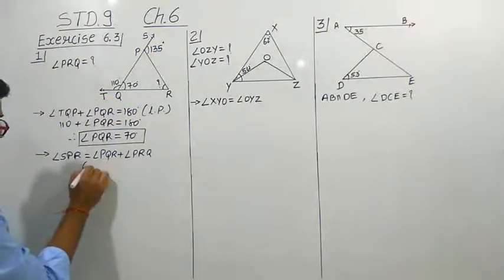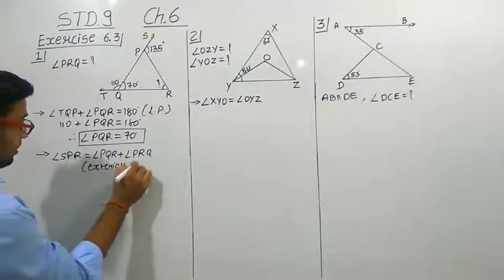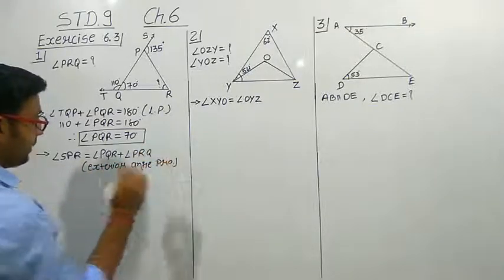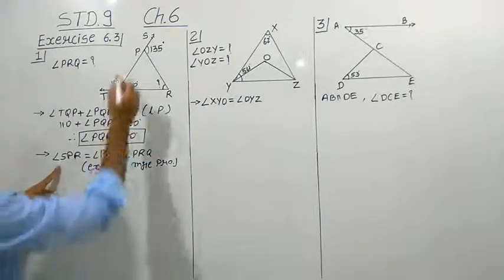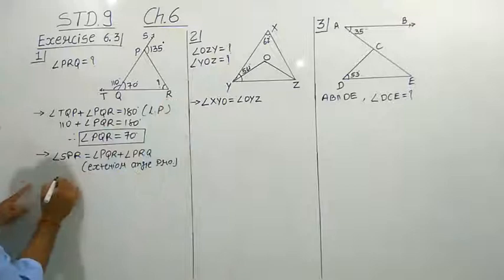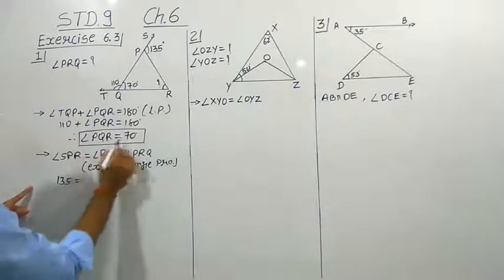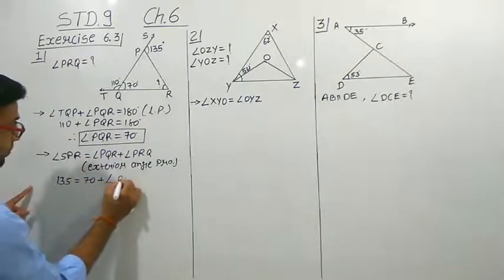We write this according to the exterior angle property. So angle SPR is 135, angle PQR we have already found, that is 70 degrees, plus this angle PRQ which we have to find out.